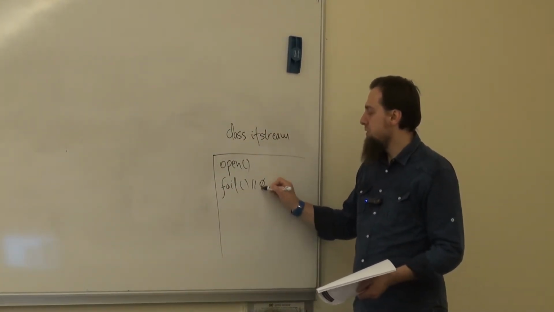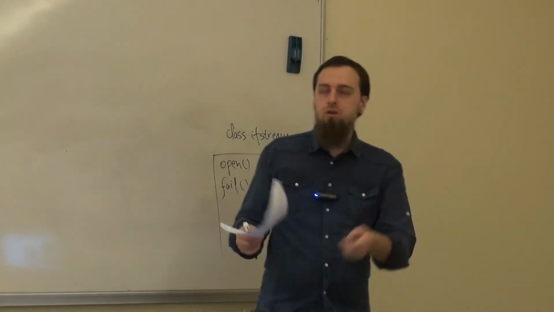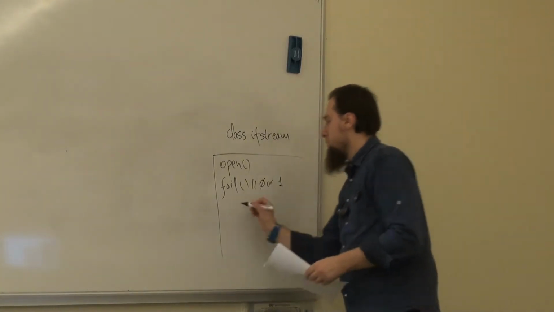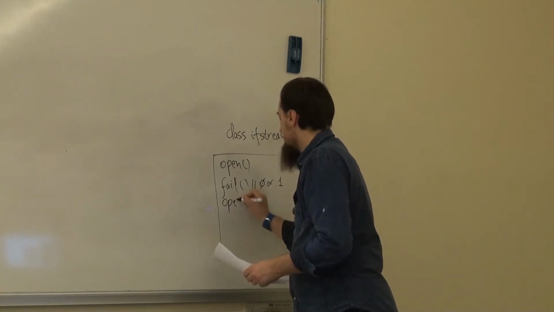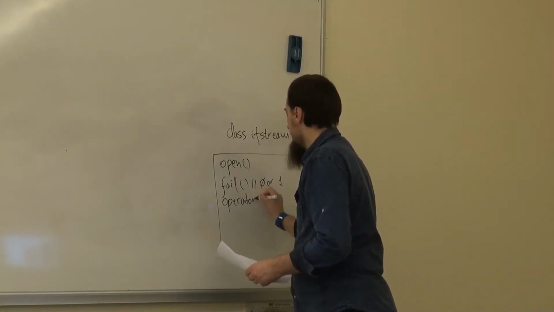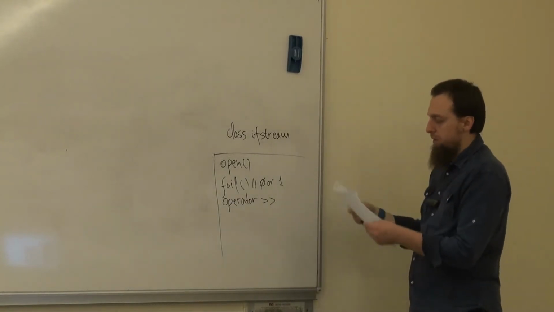It returns 0 or 1, true or false, regardless of whether we have opened or not the file we wanted to open. Then we have the operator >>, the arrow operator, for reading data, words one by one.